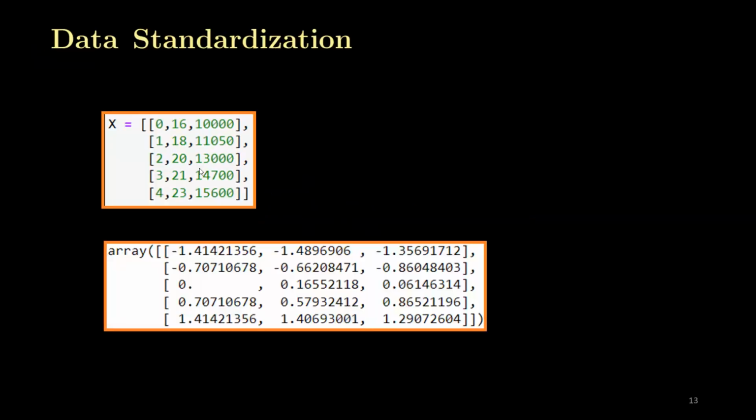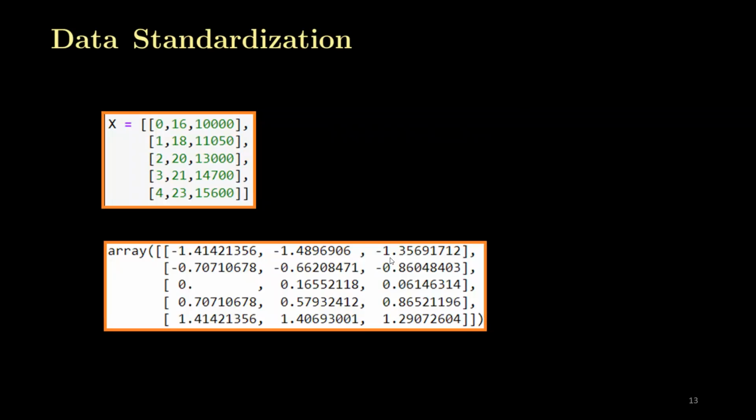So here is an example of data standardization. This is our original data, and we can see that every feature is of different magnitude. When we perform data standardization, we get the data like this. We can see that in the first column, the minimum value is minus 1.41 and the maximum is 1.41 with the plus sign. In the second column, the minimum value is minus 1.4896 and the maximum is 1.40.